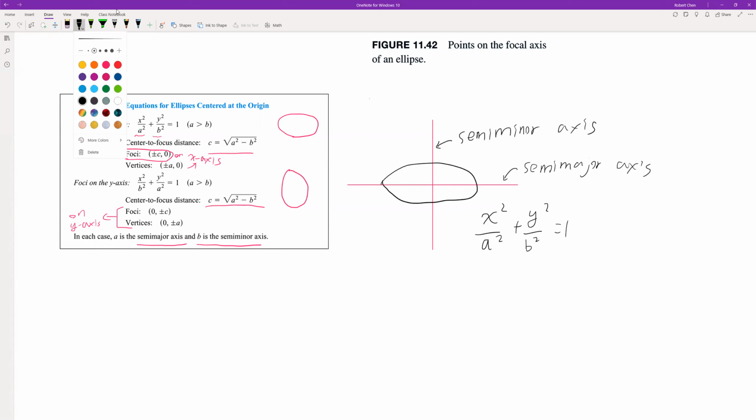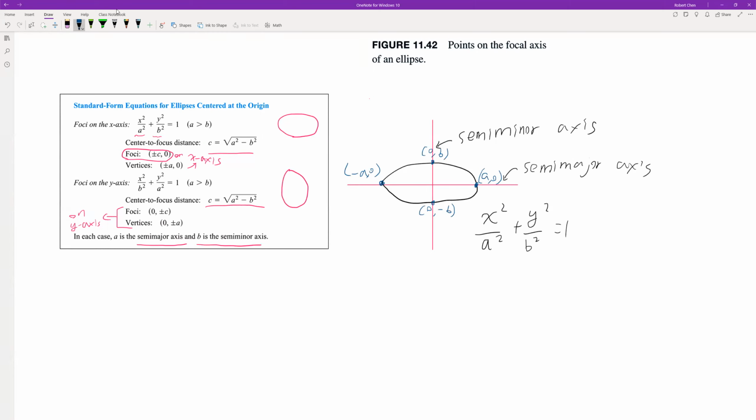And then the values of a and b are very nice in this case. It tells us where the vertices are. That's going to be a, negative a, b, and negative b. Maybe I should be a little more specific: that's (a,0), (negative a,0), (0,b), and (0,negative b).